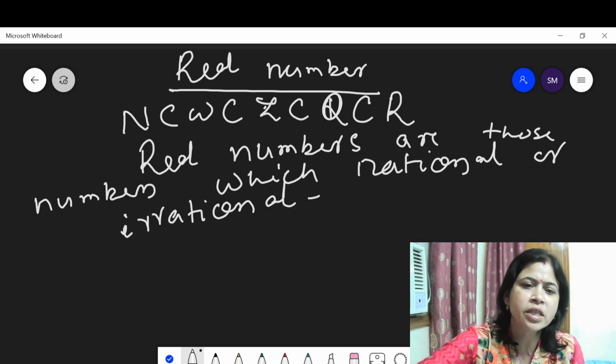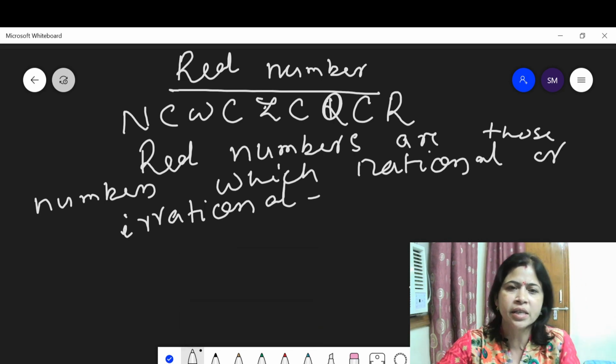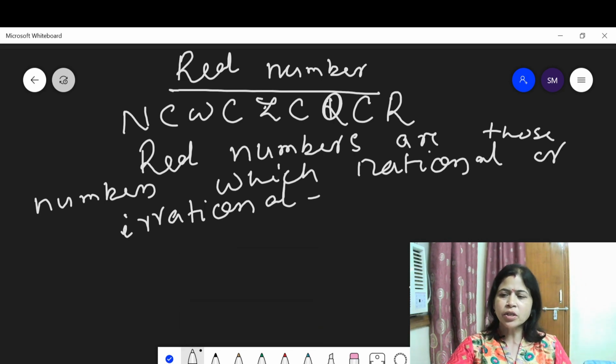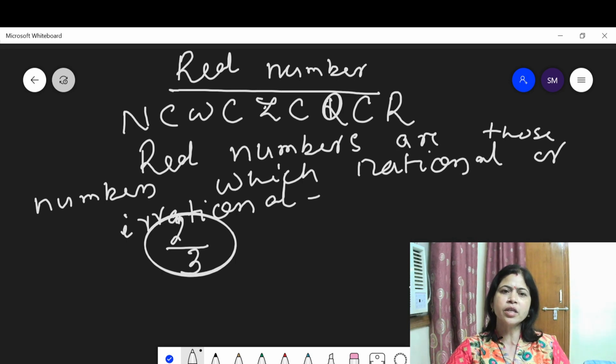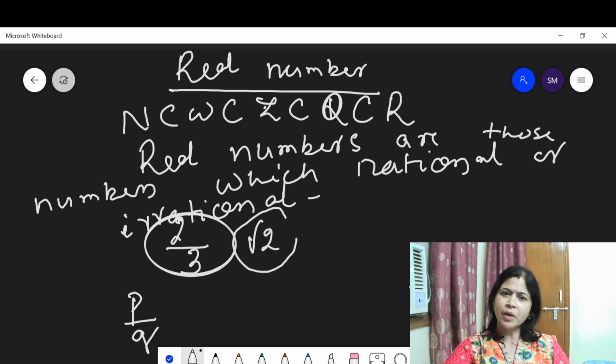The numbers which cannot be represented in p by q form are called irrational numbers. Suppose 2 by 3: it is a rational number, because it can be represented in p by q form. Root 2 is an irrational number, because you cannot express root 2 in p by q form.